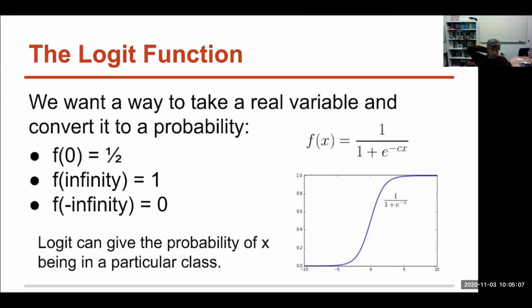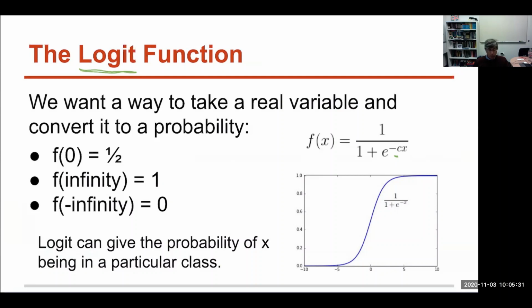And logistic regression takes its name from our friend the logit function, which we've talked about a couple of times here. What was the logit function? Well, here I have a slightly more general logit function than I had before, where I've got a constant c over there. But a logit function is something that takes an x variable and converts it to a probability.